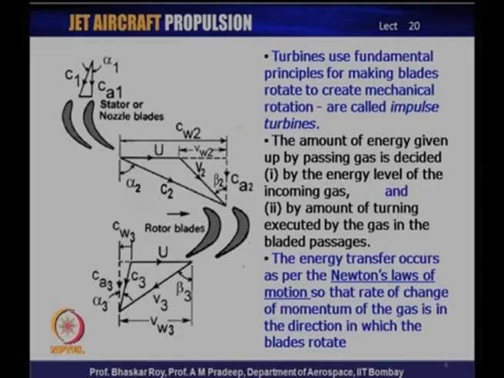Those are the velocity components felt by the rotating blades, but you cannot measure them with the help of any probes if you put them inside the turbines, because what you would be measuring indeed are the values C2 and Cw2 and C3 and Cw3, because those are with reference to the stationary bodies of the rotor.